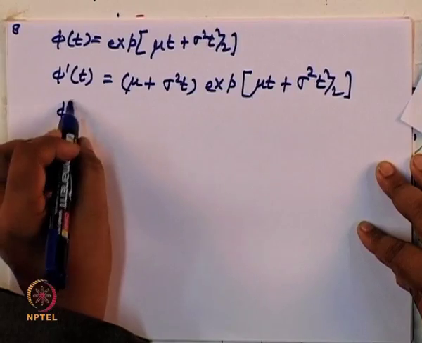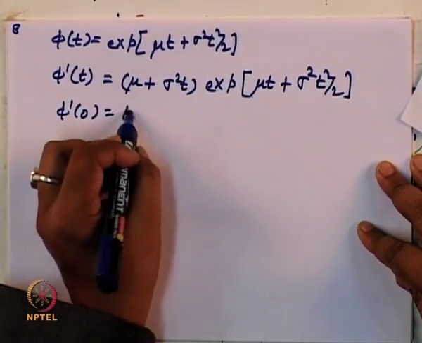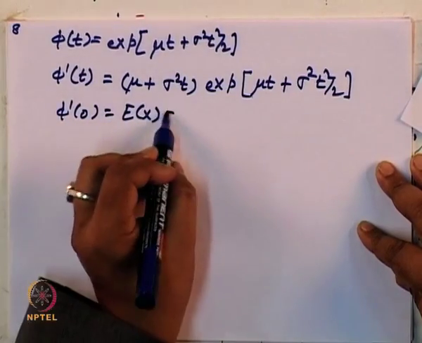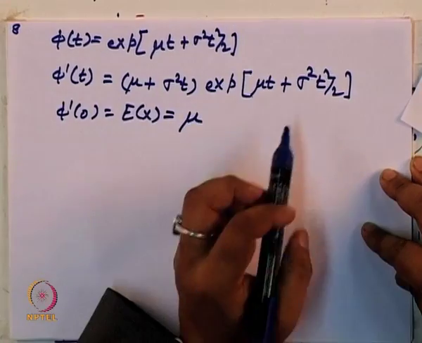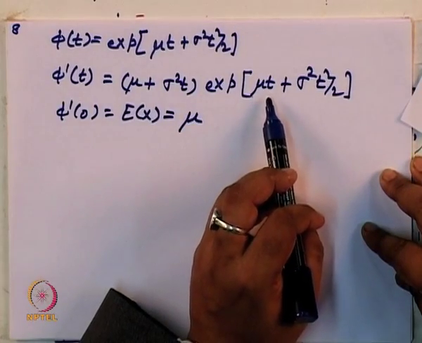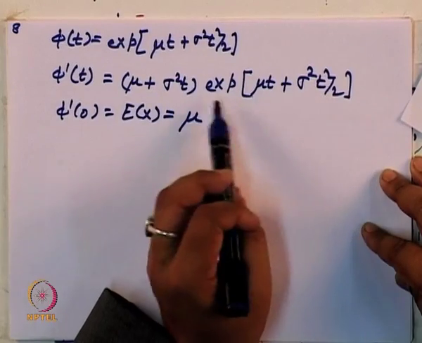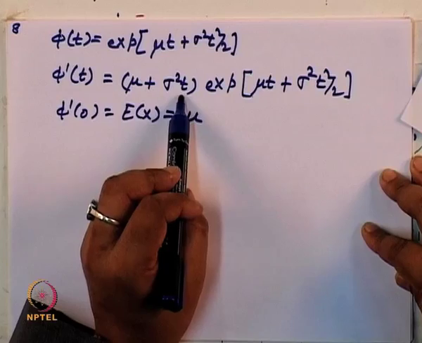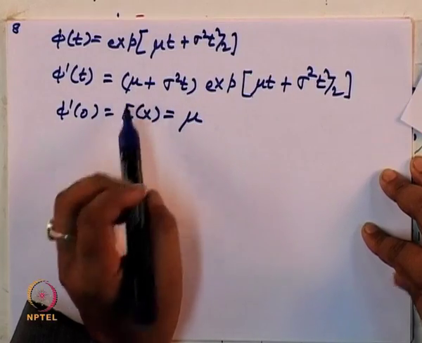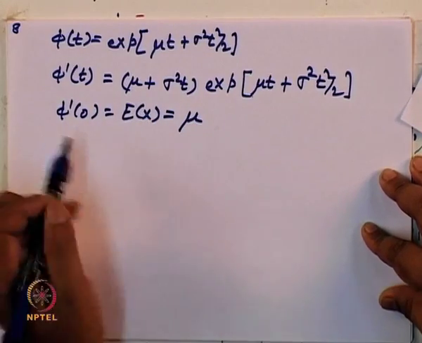So, phi prime 0 is equal to expectation of x. If you put t equal to 0 here, this returns 0, this returns 0, and exponential of 0 is 1. So, only you get this mu. So, expectation of x is equal to mu.